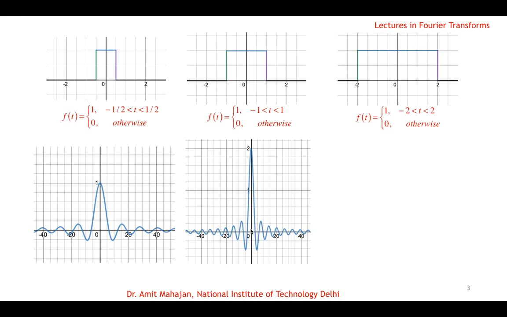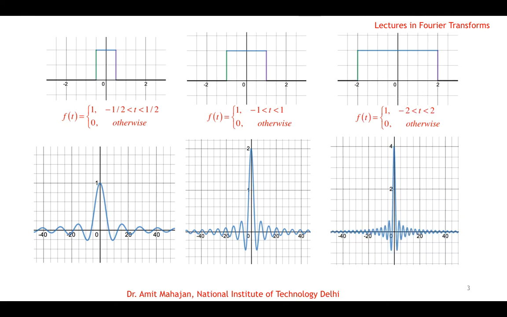And if you see the plot of this third function, the Fourier transform of this function where time is -2 to 2 for this pulse, then again the amplitude is increased from 2 to 4, and the width of the function becomes narrower than the previous one.